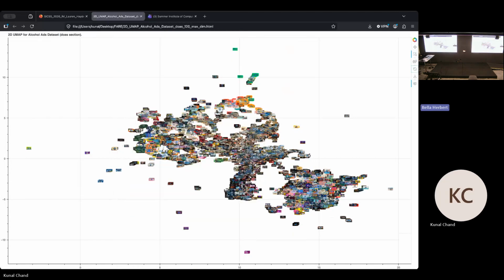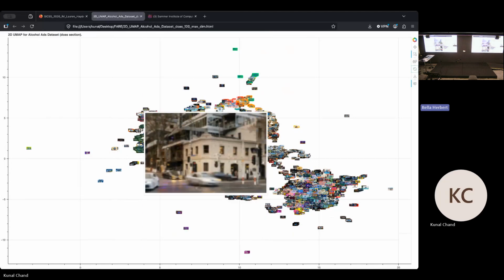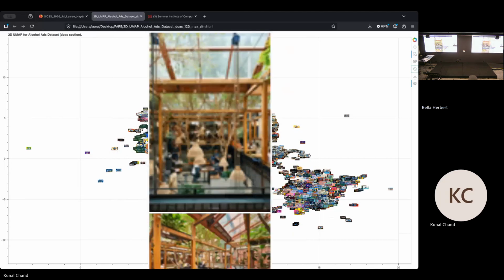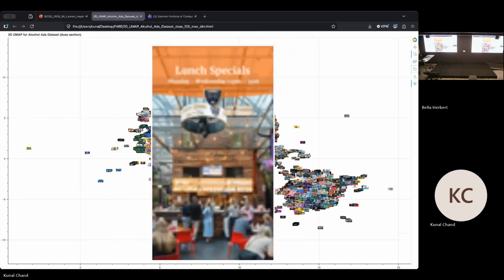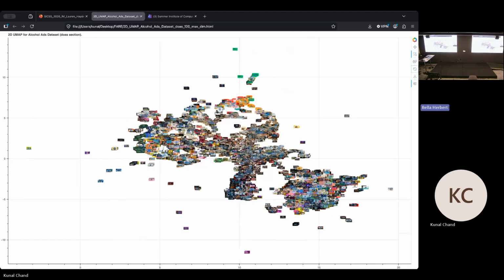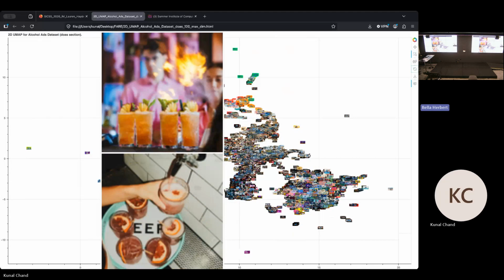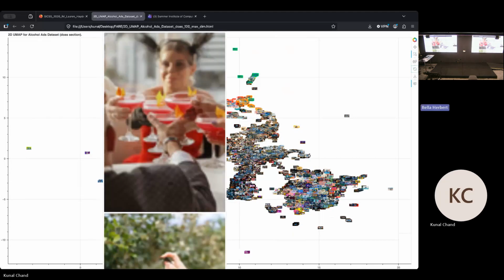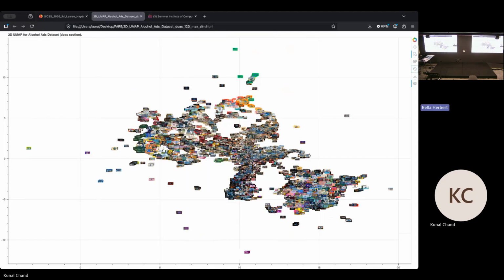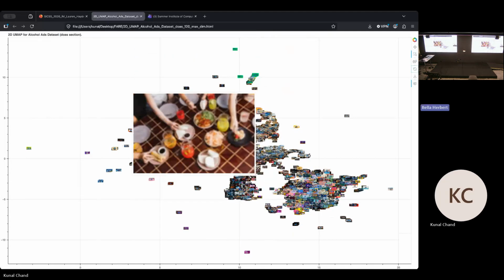But then if I was to go off onto this side over here, suddenly it's more architecture, venues. If I was to go towards the center of this giant body, suddenly focusing on drinks. If I was to go up to this group over here, it's food and drinks. So now we can start to see patterns within the data set at a higher level.